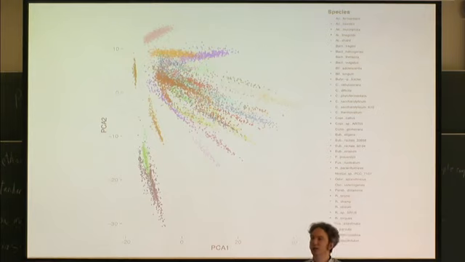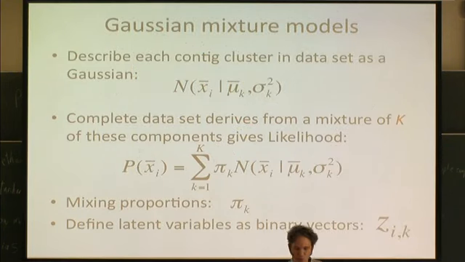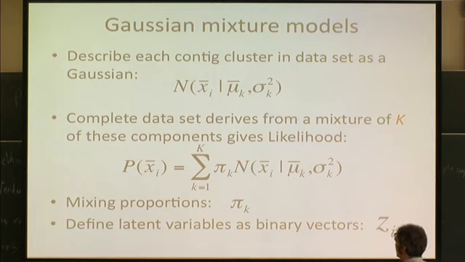So we are going to be able to cluster them in some way, and then the question is, what is the most appropriate clustering model for doing that? As Wally mentioned, I like generative models, so I've used a pretty standard mixture model approach to do this. So we're going to describe each cluster as a Gaussian. I've indexed the clusters K, so each cluster then has a mean and it has a standard deviation.